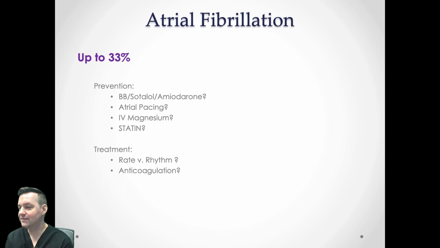Atrial pacing in and of itself has never been shown specifically to prevent or maintain sinus rhythm, although you'll have surgeons, based off of experience, who still will want to pace their patients. IV magnesium in a systematic review did show a reduction in AFib, so especially in your valve cases, you're going to see your surgeons want IV mag given in the perioperative period.